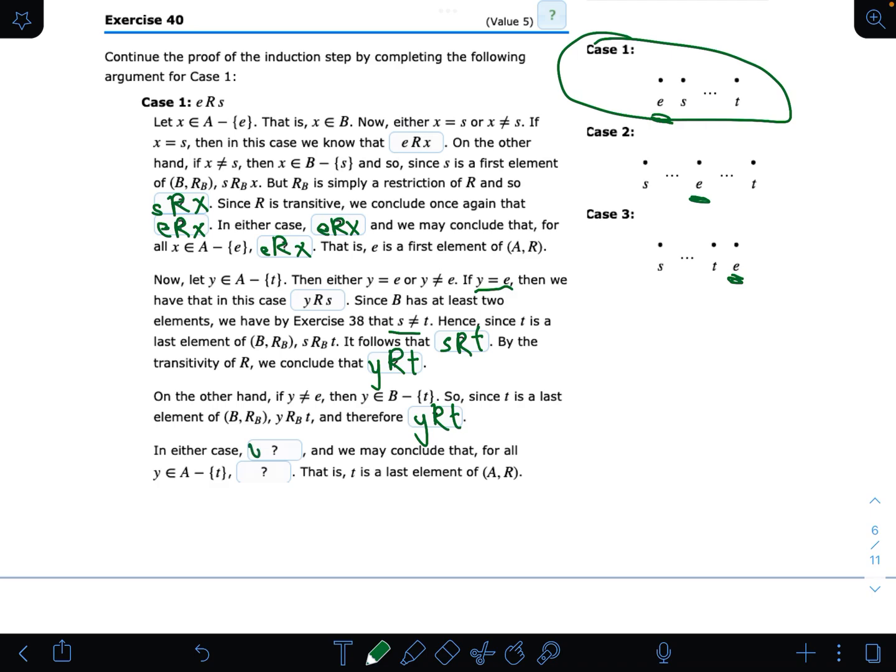In either case, we're showing Y relates to T, and this would show us that T is going to be the last element of A, R.